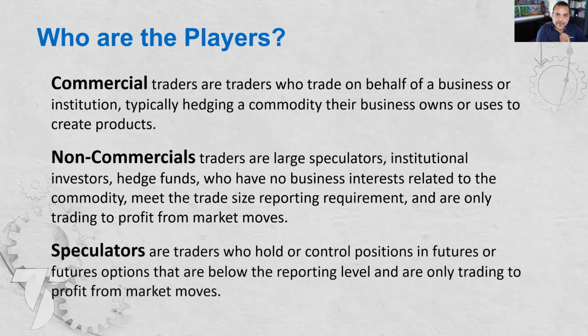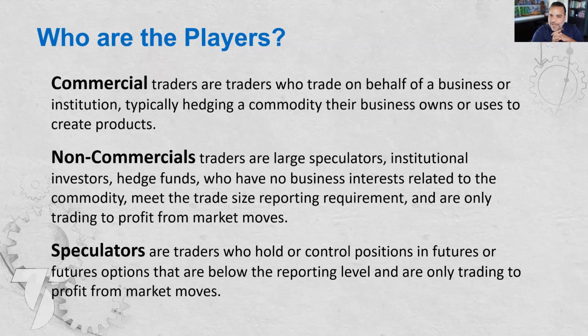The third category are speculators. By the way, non-commercials and the speculators are both speculators. So don't think that having speculators here as a third category, this is all the speculators. No, the non-commercials are speculators that are required to report because they are trading large quantities of futures contracts.